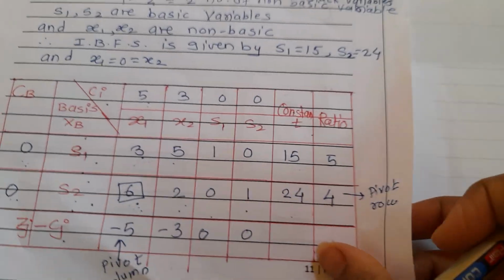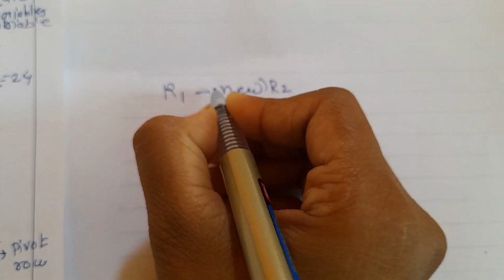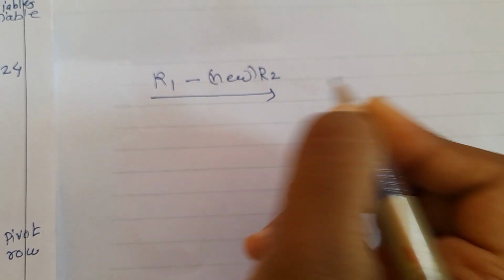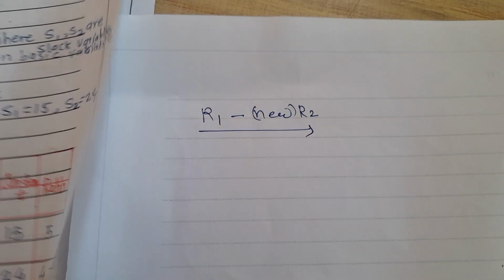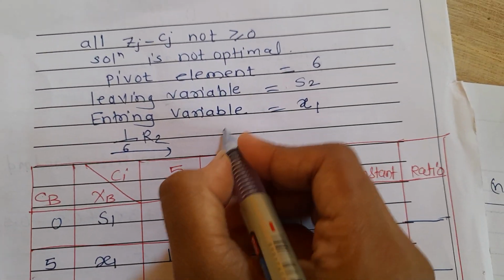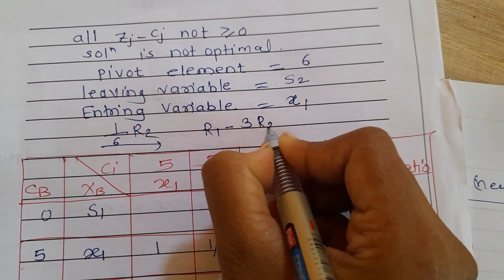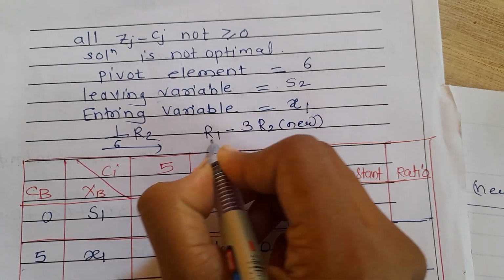Our second operation is R1 minus 3 times new R2. Write new here in brackets. Therefore, these two operations are given. The first operation is 1 by 6 R2 and the second operation is R1 minus 3 times R2, where R2 is the new R2.